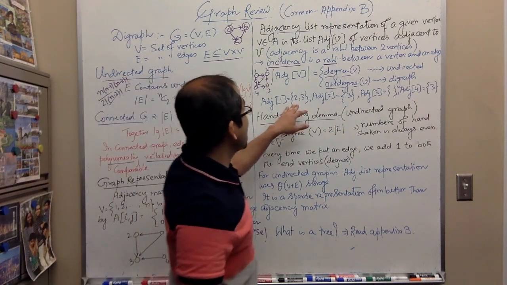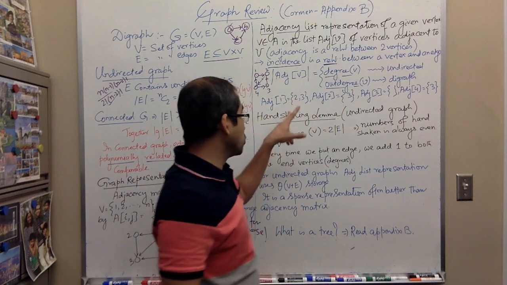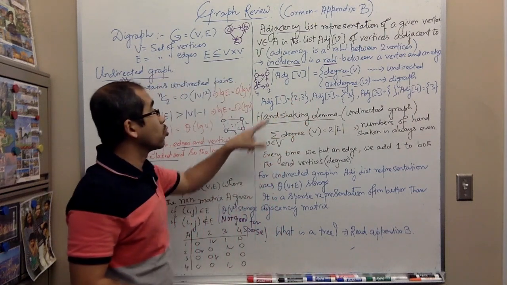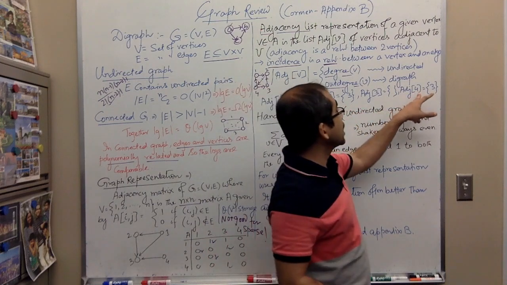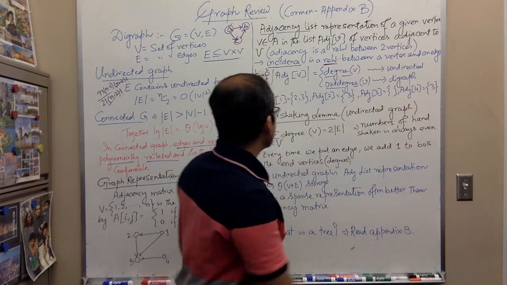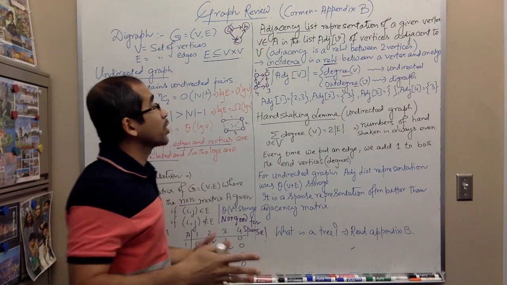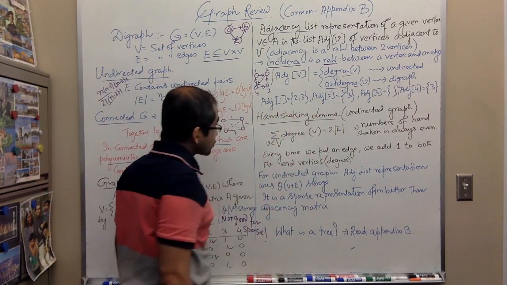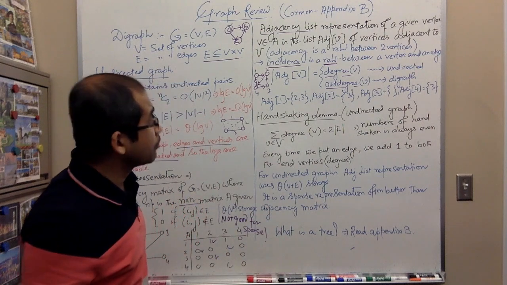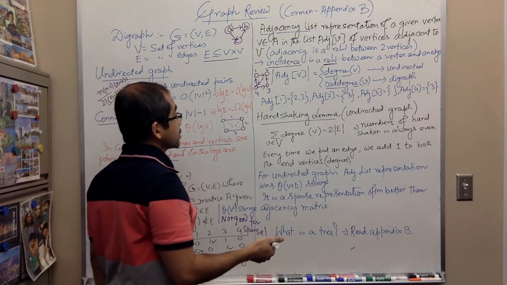It does not mean that it's a count. It means two edges going out of 1, one edge going out of 2 towards 3, and one edge going out of 4 towards 3. So you see this representation does not waste any space. It just writes the outgoing edges, that means the out degree for a digraph and the degree for an undirected graph.